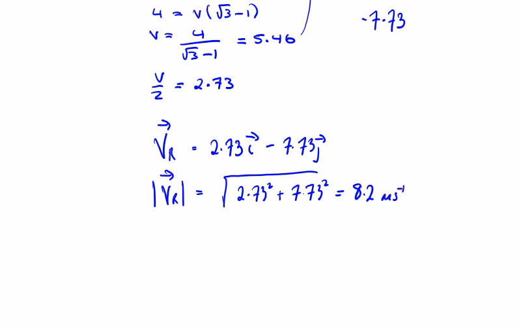And the angle, the inverse tan of 7.73 divided by 2.73 gives me 19.5 degrees, and that would be with the vertical. So that's that question complete.